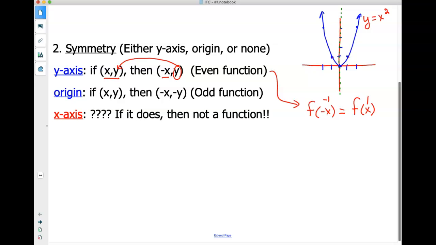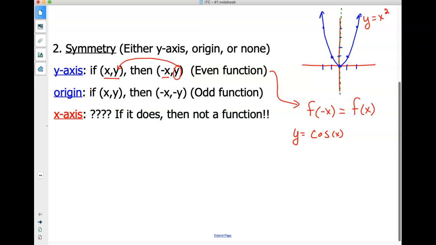Okay, so that's the algebraic look of an even function.